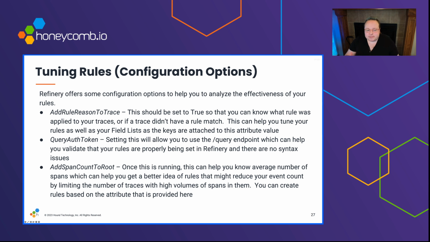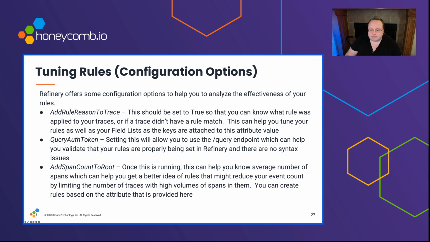Finally, add span count to root is useful in a couple ways. This looks at the number of spans in a trace, and in the root span of the trace, it will add that count as metadata. You can use that count in Honeycomb to make assessments of whether or not sampling those traces is worthwhile.